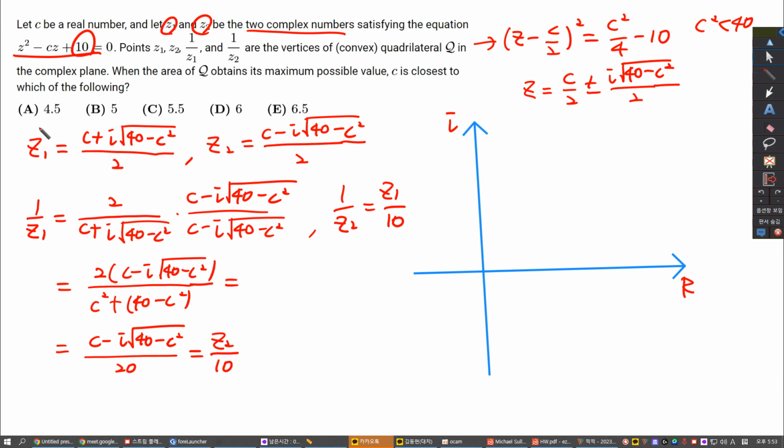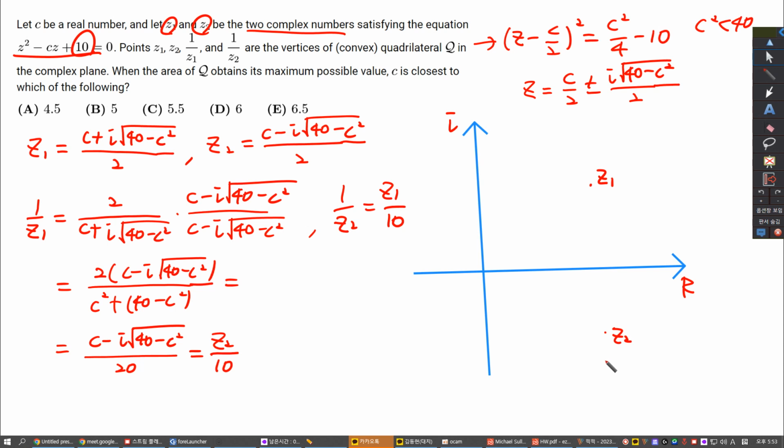If Z1 is in the first quadrant, because Z2 has this minus sign, it's reflected across the x-axis for Z2.